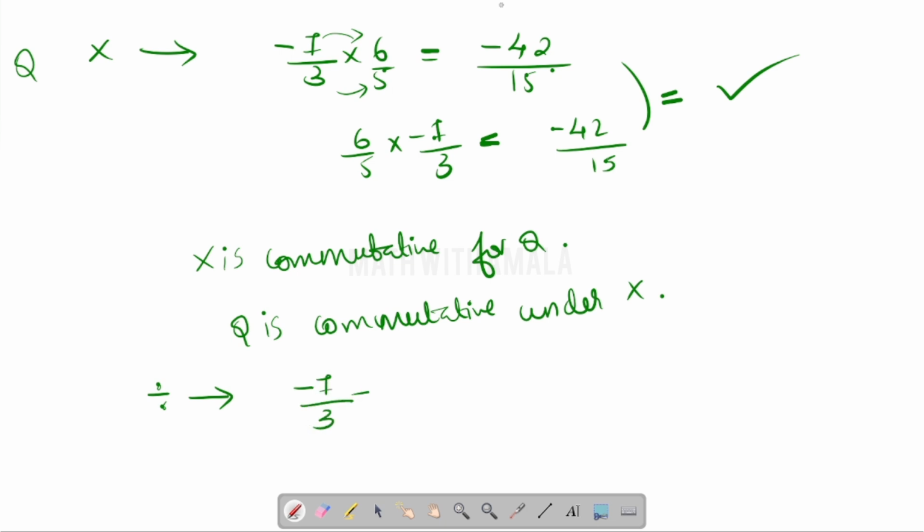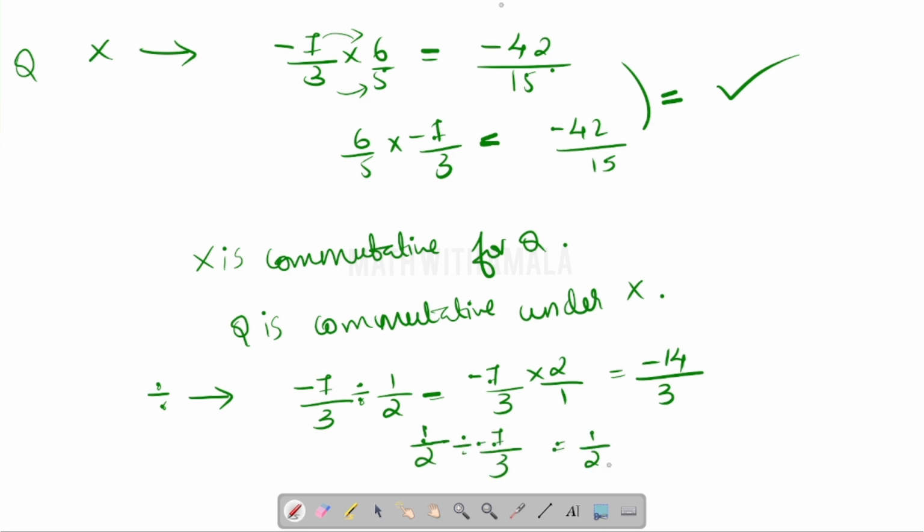Let's take minus 7 by 3 divided by 1 by 2. In the case of division, we have to take the reciprocal of the second number and multiply it with the first. So minus 7 by 3 into the reciprocal of 1 by 2, which is 2 by 1. So the answer is minus 14 by 3. Let's take the reverse, 1 by 2 divided by minus 7 by 3. Again you will get 1 by 2 into 3 by minus 7, so that is 3 by minus 14.